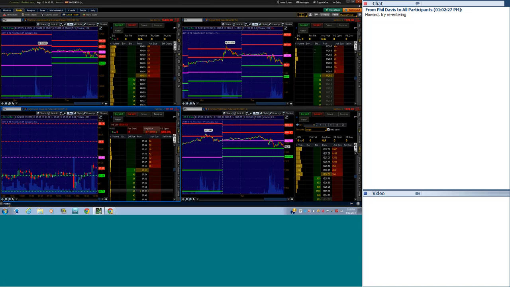I don't want a NYSE with 6,000 stocks. I don't want the Russell with 2,000 stocks because no one stock is really going to do anything. So I have no advantage for reading the news. Reading the news on one stock isn't going to tell me anything about what's going to happen to that index. But with the NASDAQ, with NQ, if I know Apple's doing something, then I know NQ's going to do something too. I know it's going to go the same way. So there's the advantage to trading like that.